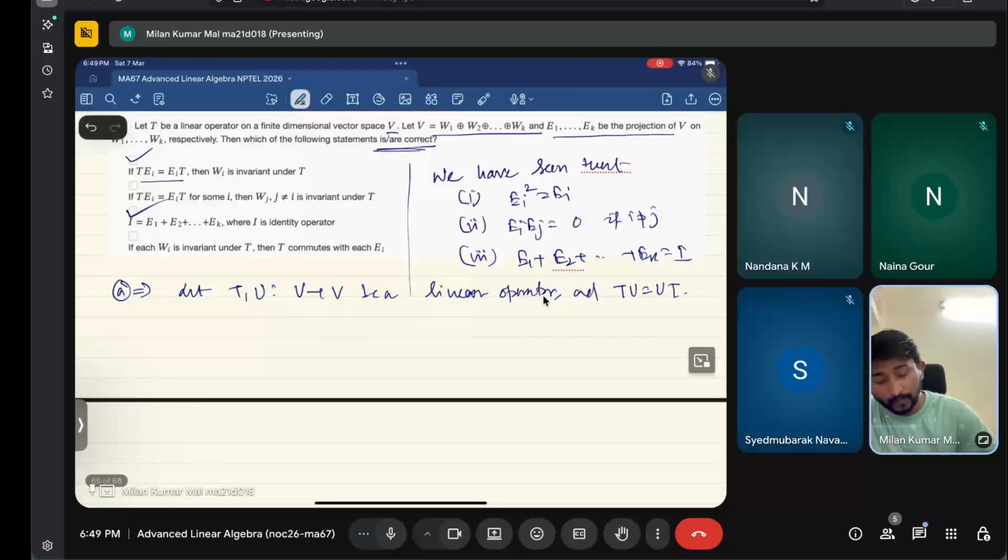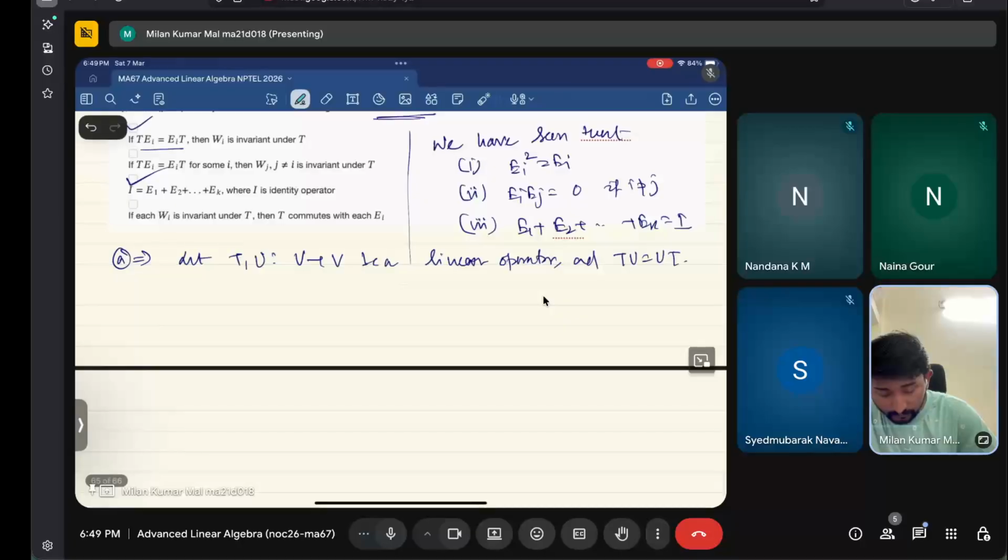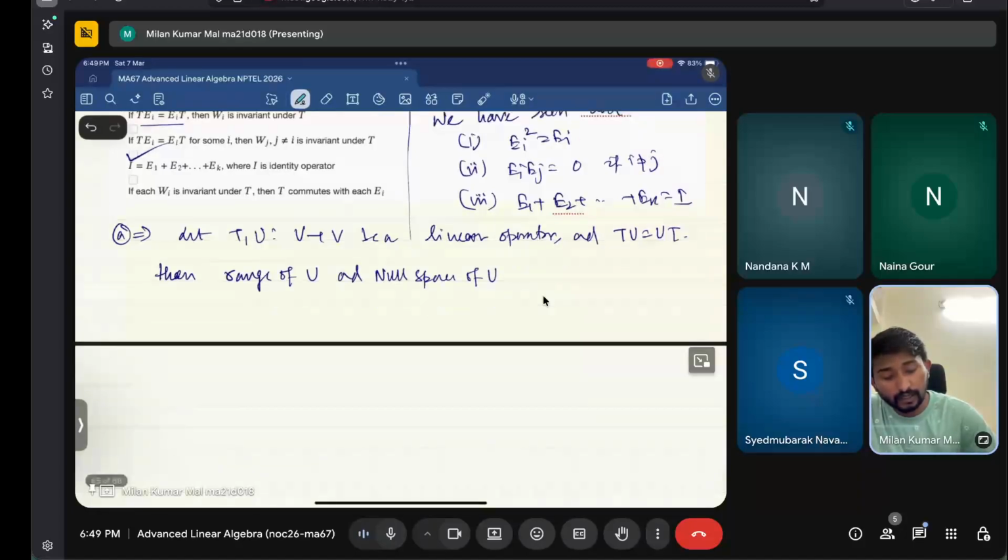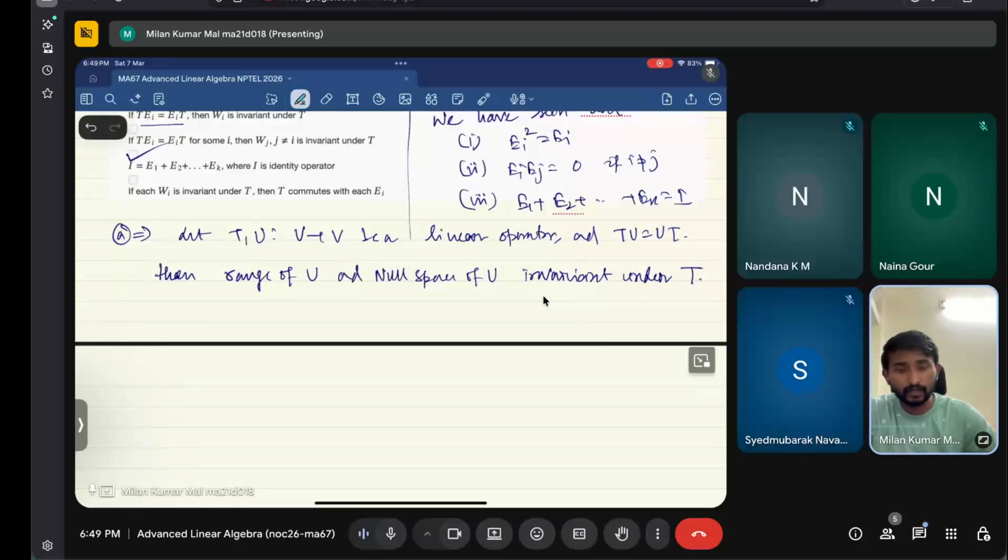That means they commute. Then the range of U and the null space of U are invariant under T. So the range and null space of U are invariant under T.